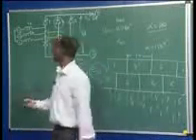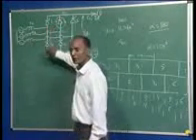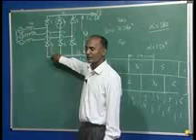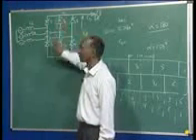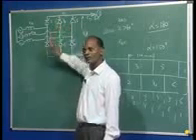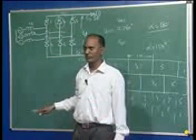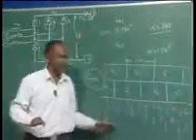The minimum will be 2 valves here and 1 there, but there is a possibility of 4-valve conduction, 2 from here and 2 from there. It is not 3 here and 1 there. It will be 2 here and 2 there, that will be 4-valve conduction. So we get 4-valve conduction, and the period of 4-valve duration as well as 3-valve duration depends upon U, and that can be very easily identified from this diagram.